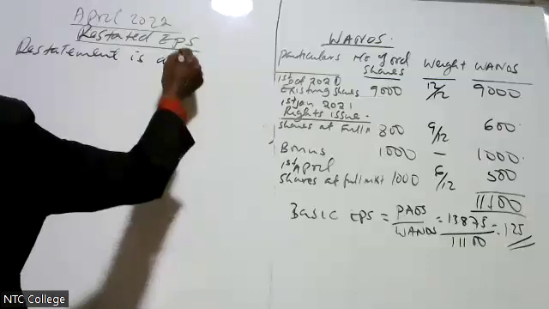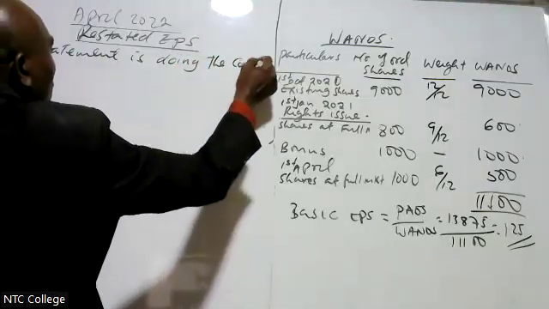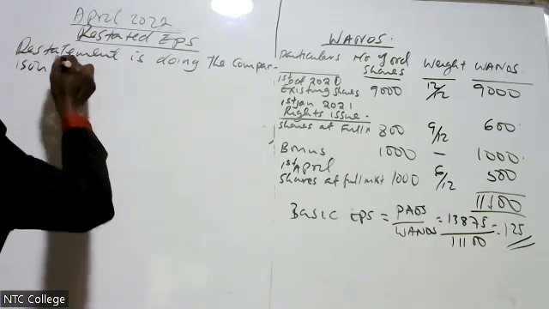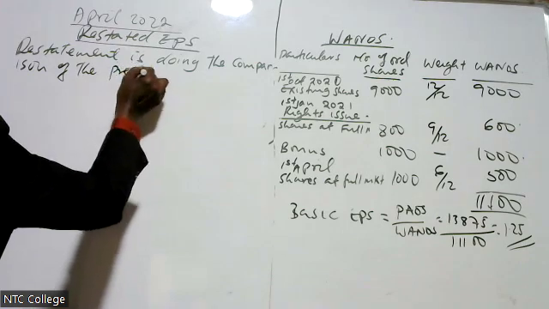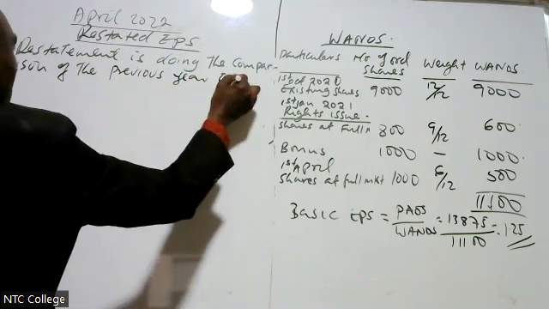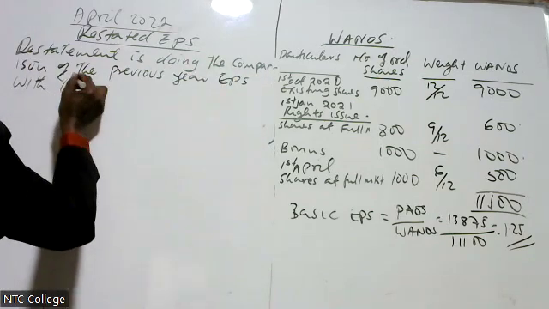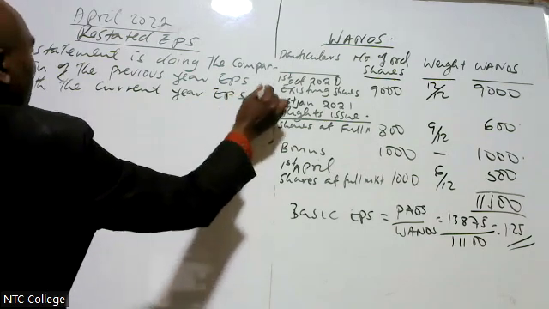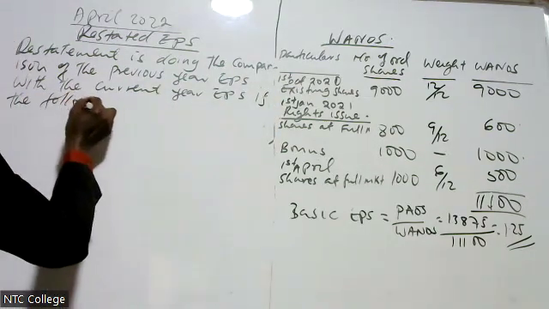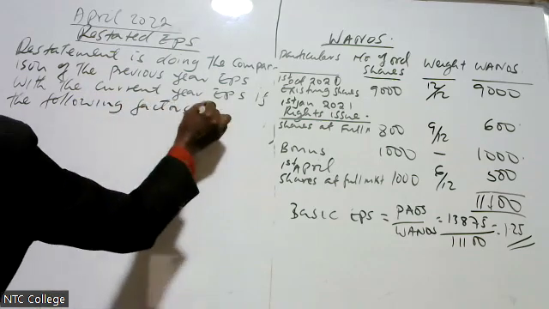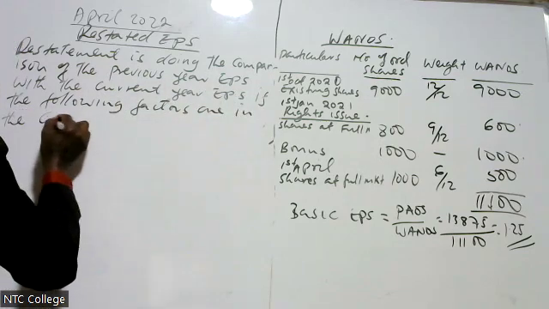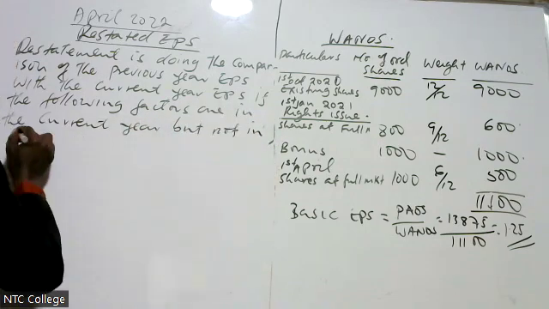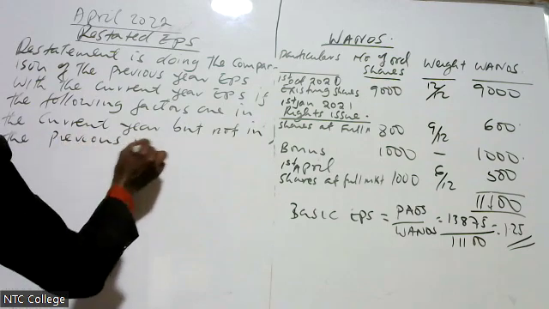Restatement is doing the comparison of the previous year EPS with the current year EPS if the following factors are in the current year, but not in the previous year.